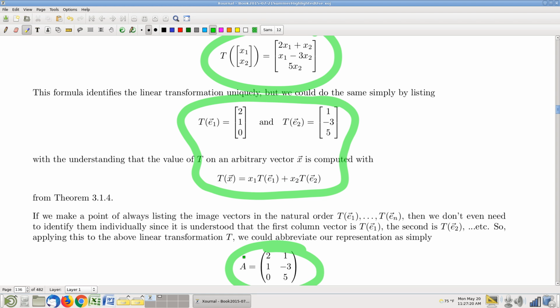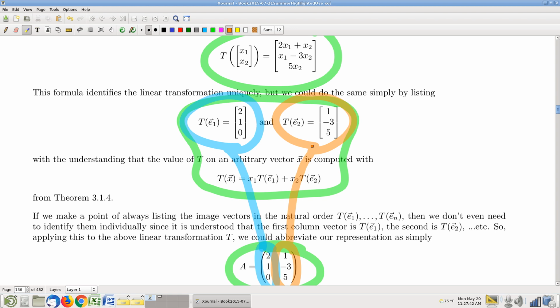The way the shorthand works is that the first column will always be the image of the first standard basis vector, and the second column will always be the image of the second standard basis vector.